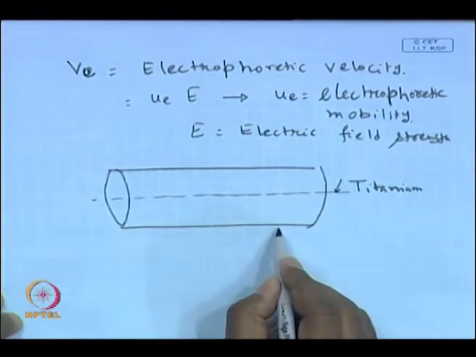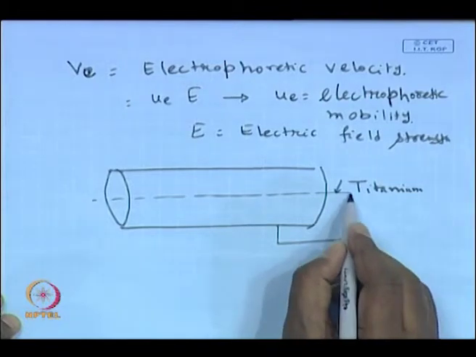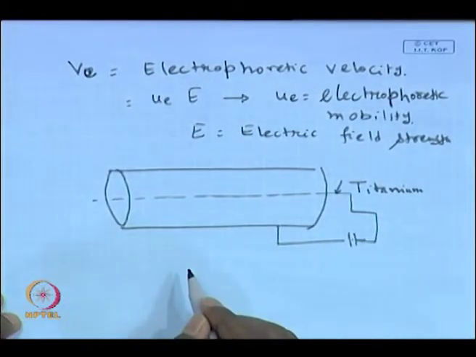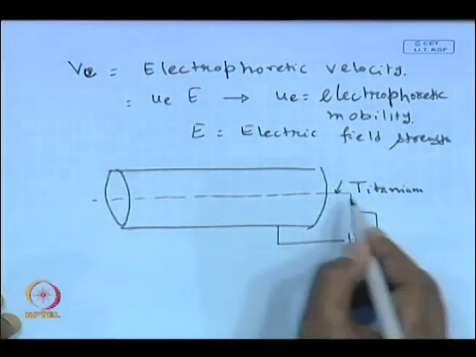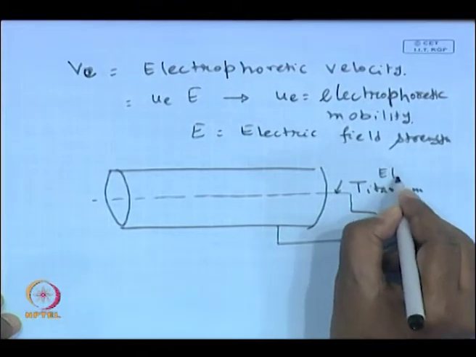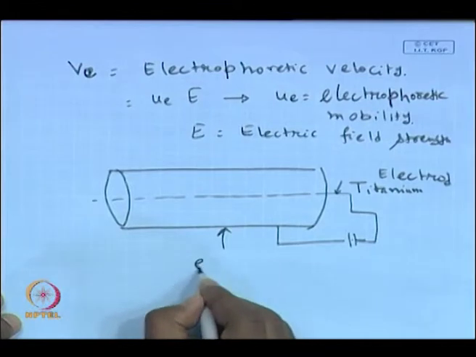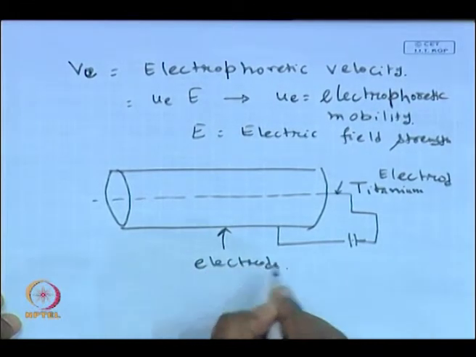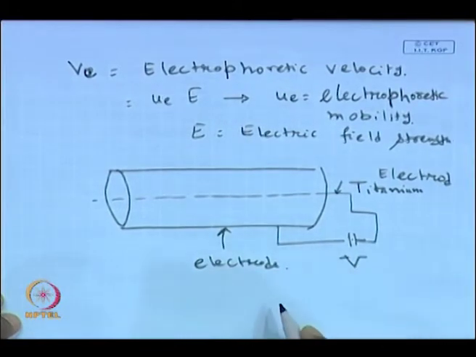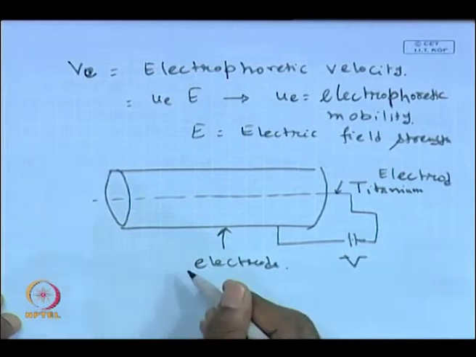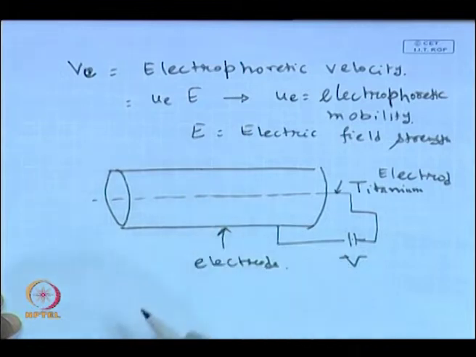Now, connect the external voltage supply via this. In the middle, it is basically one electrode, and the body of the setup or the cell is the other electrode. These two electrodes are connected by the external voltage power supply. Then it will create an electric field between the wall and the center line.